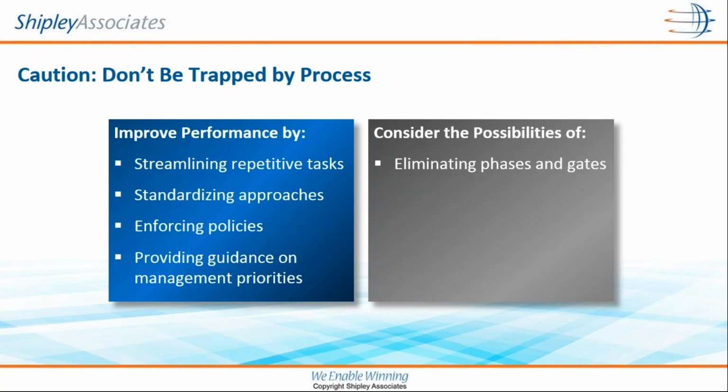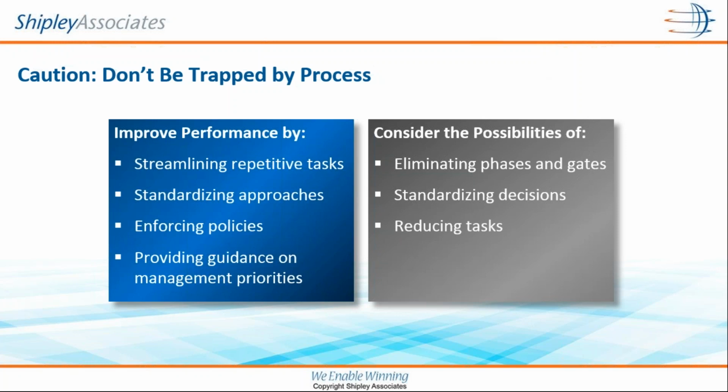Take this life cycle framework we're going to discuss today and model it, but make it your own. So eliminate phases and gates if that's what it takes to fit your environment. But standardize key decisions, right? Regardless of the size or scope of the pursuit or the market we're competing in, we should be standardizing our approach to decision making.